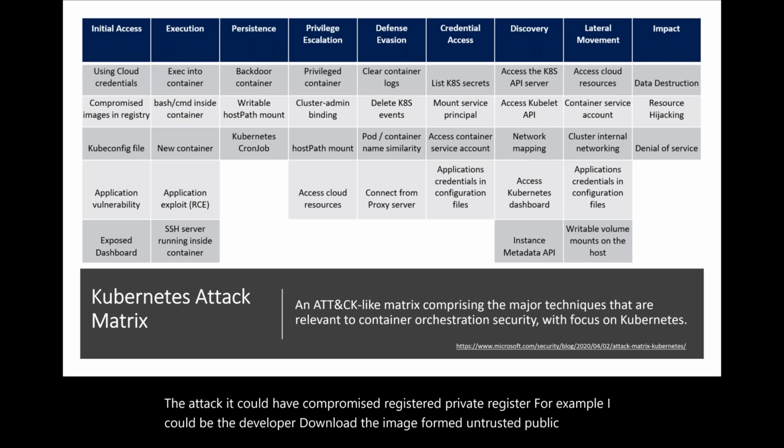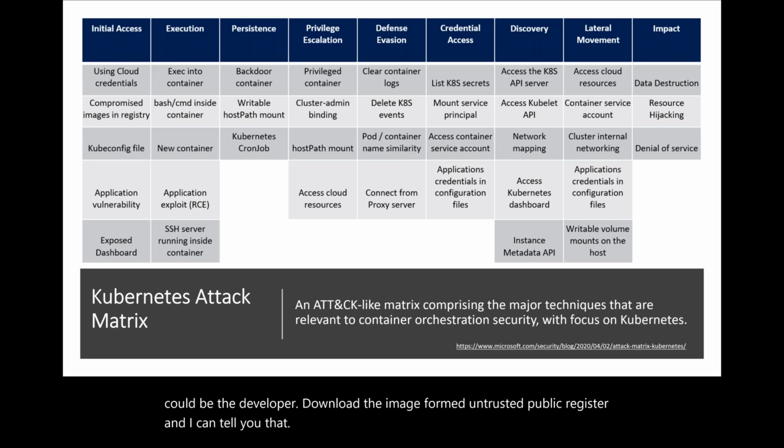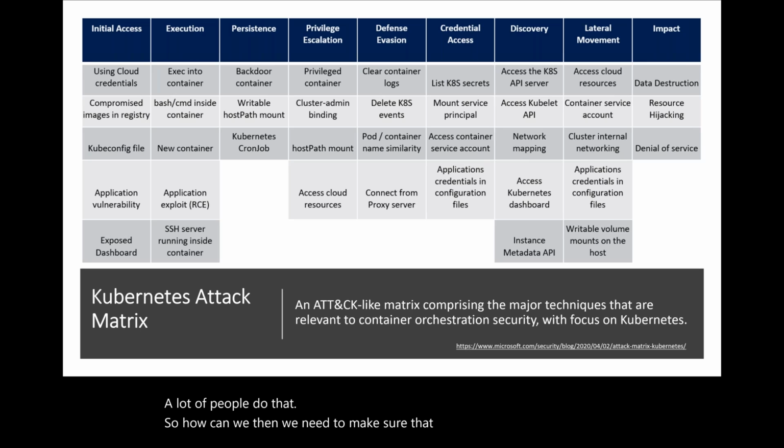And I can tell you that a lot of people do that. So we need to make sure that we have our registry protected. We're going to discuss some of these techniques later.